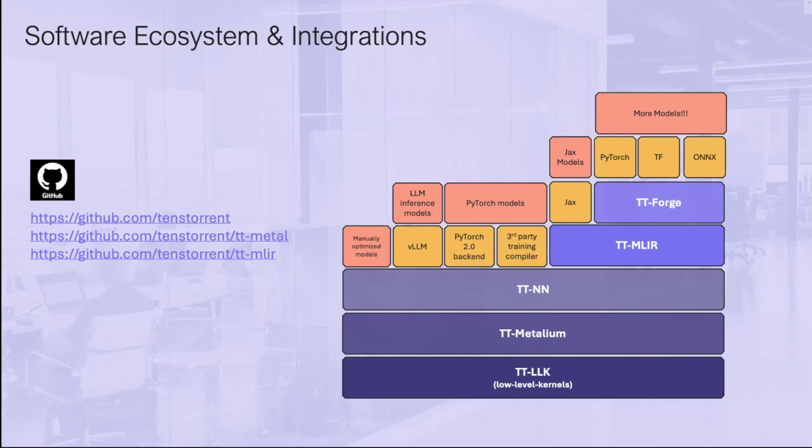You can find Tenstorrent on our GitHub, github.com/tenstorrent, and from there you'll find our other stacks. Metalium and TTNN is where I mainly work, but on top of us, we have these two new stacks that can hopefully integrate. They're quite new, and we're excited to see where that goes.